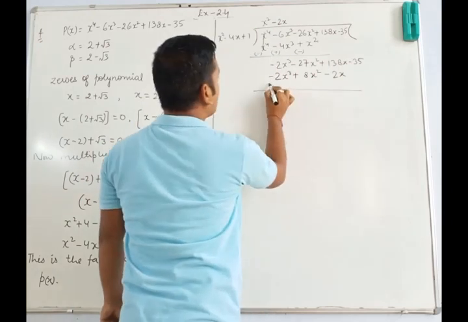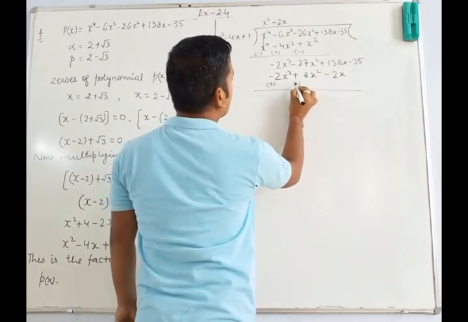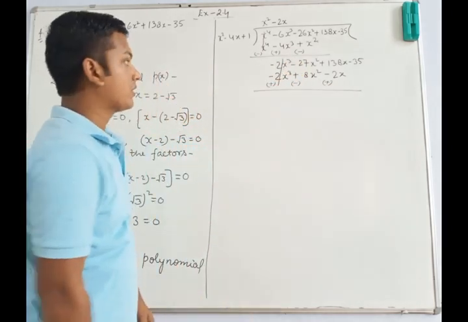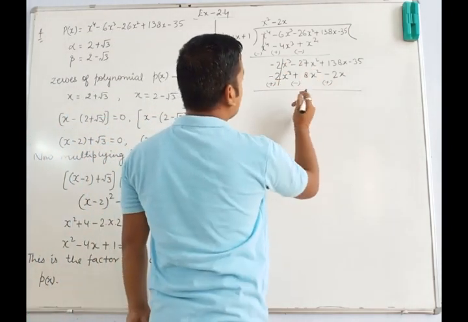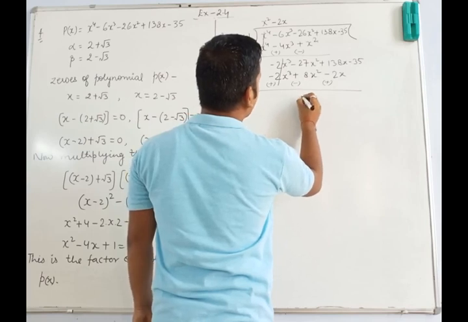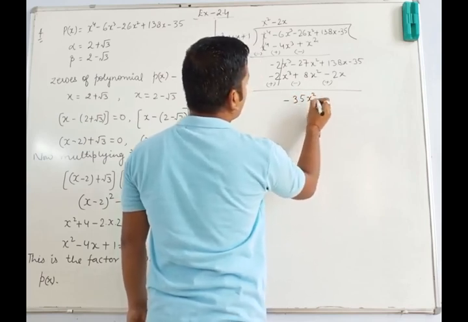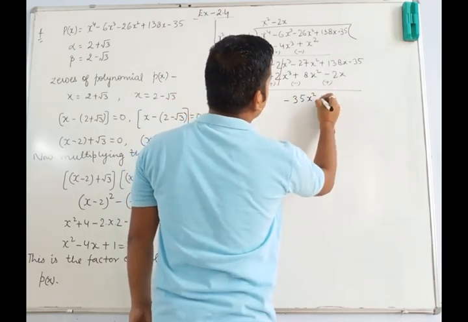So this will become positive, this will become negative, and this will become positive. Now it will get cancelled out. −27 and −8 will give you −35x². 138 plus 2 is 140.